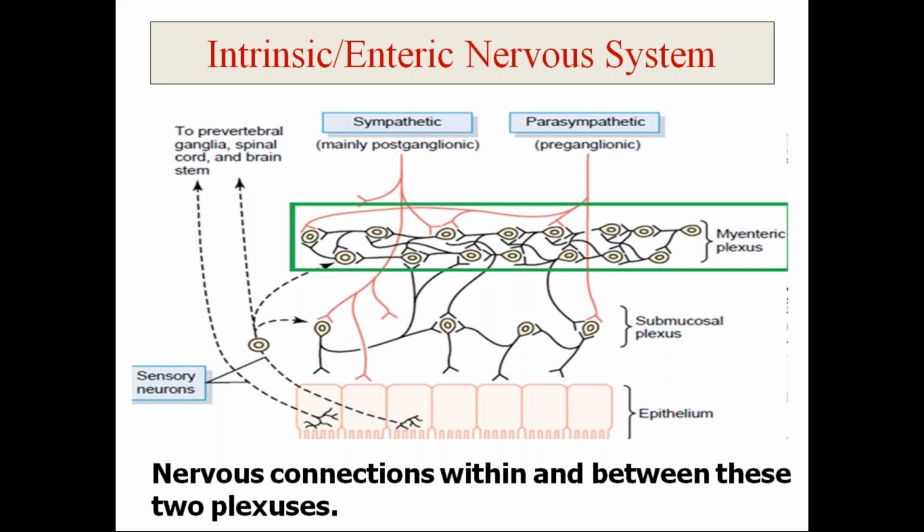So you have the presence of three ganglia, that is the celiac, the superior mesenteric, and the inferior mesenteric ganglia, from where the postganglionic fibers will arise and they are going to innervate, right? Now, another important point which you should remember here is that the extrinsic nervous system is primarily synapsing with the neurons of the intrinsic or the enteric nervous system.